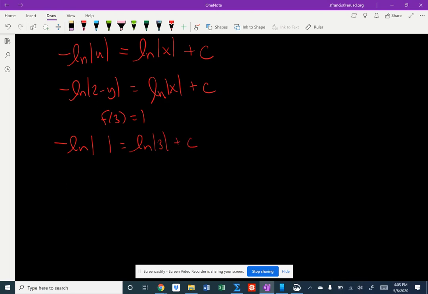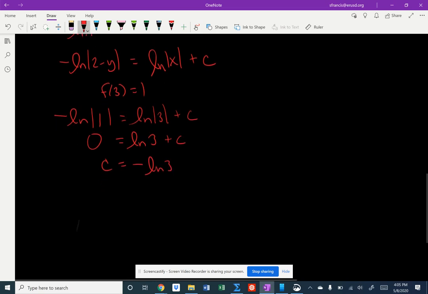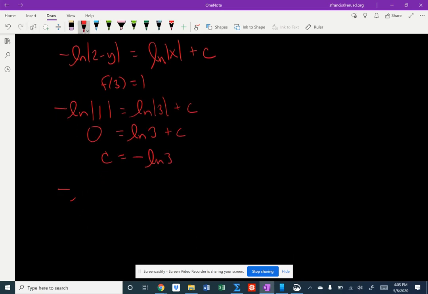I'm talking too much and not thinking. That should have been the natural log of 1. Natural log of 1 is 0. The absolute value of 3 is 3. So c is the negative natural log of 3. And so when I substitute it back in for c, we get this expression here.